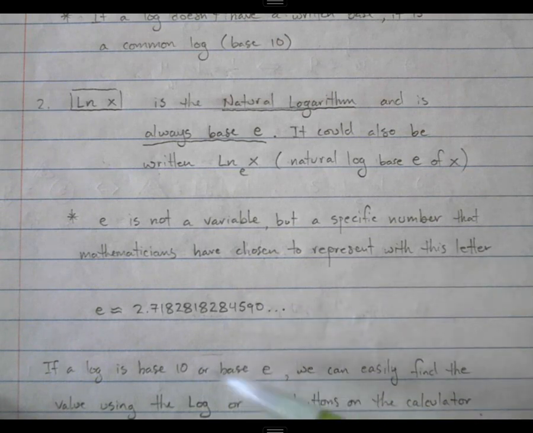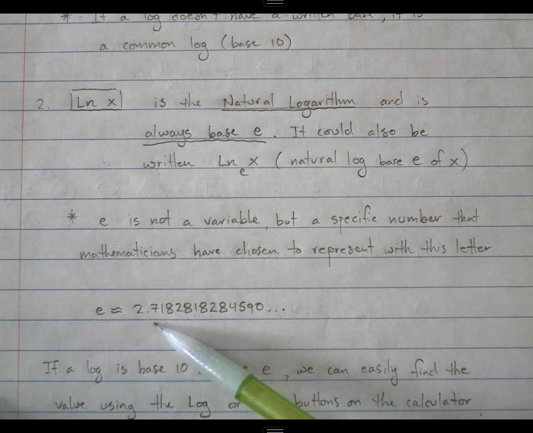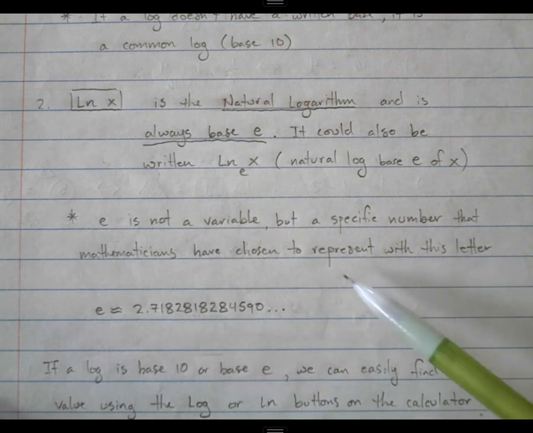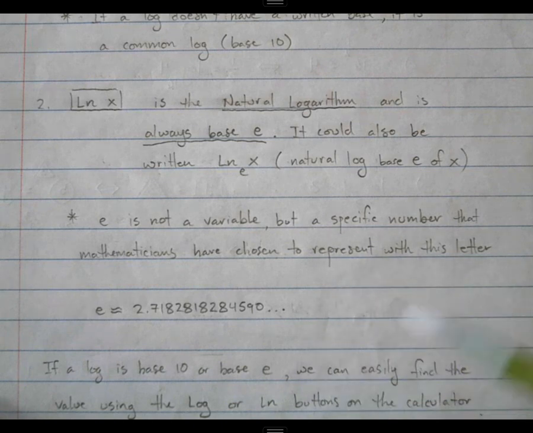E is a very specific number, and this is its approximation down here, about 2.718. If you want to go to three places, kind of like pi. That symbol pi represents 3.14159, this number that continues on forever, the decimals at least.